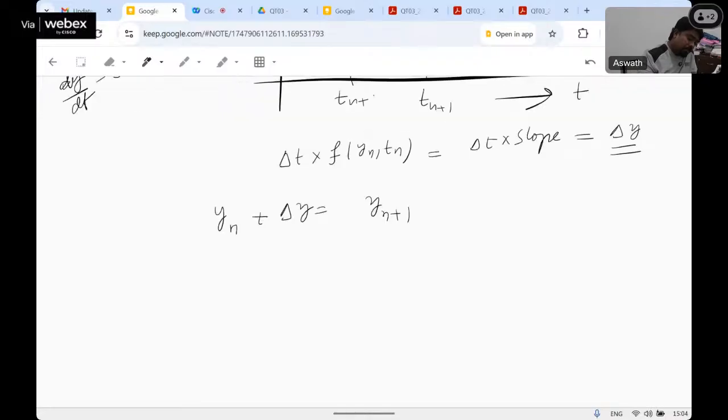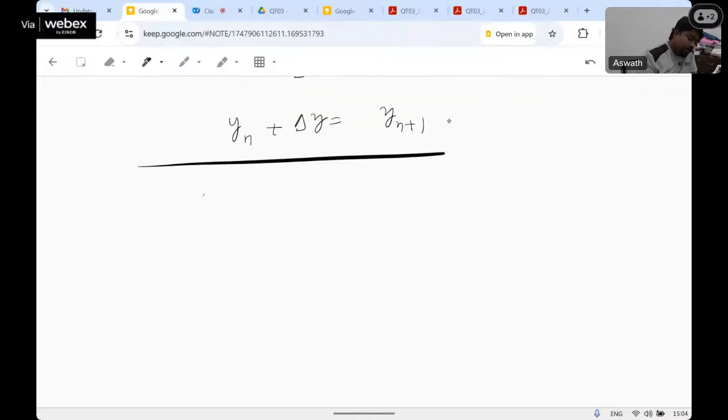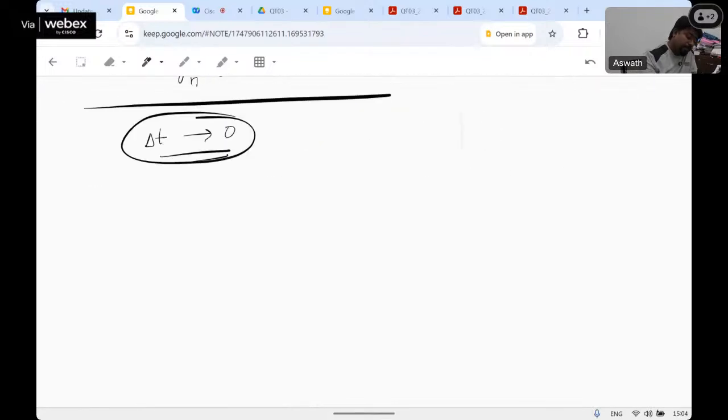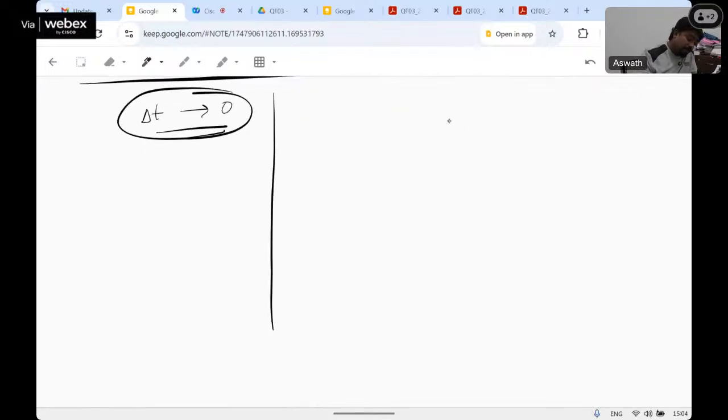That means to avoid the error, you have to take a very, very small step. That is what we ignored in the first place. By ignoring the limit to 0, every time we do the calculation there is a correction happening. In general, let's say I have a curve like this.